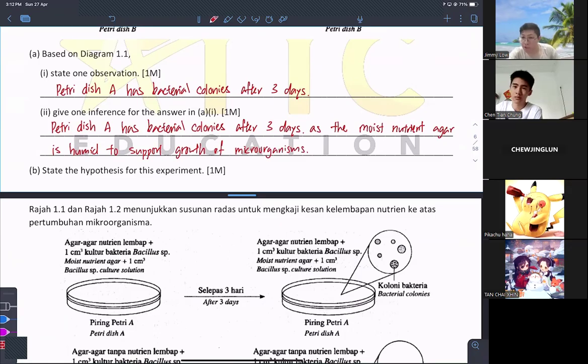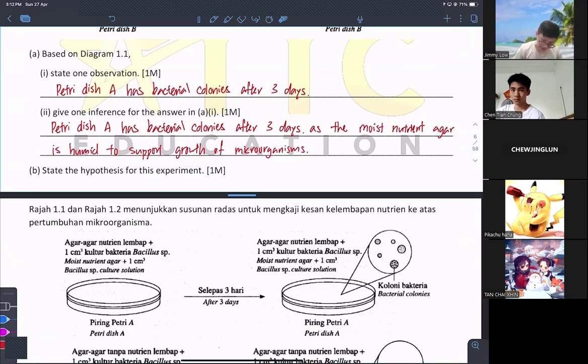Petri dish A has black dots after 3 days, while Petri dish B does not. This one can be your observation as well. But when the question asks you to give inference for the answer in A1, if you write both, then you have to state inference for both of them, which is how wordy it could be. So if you don't mind, just proceed.